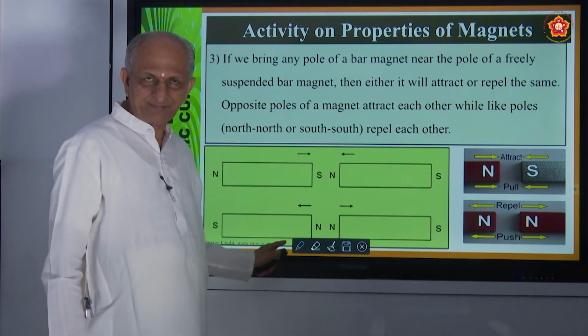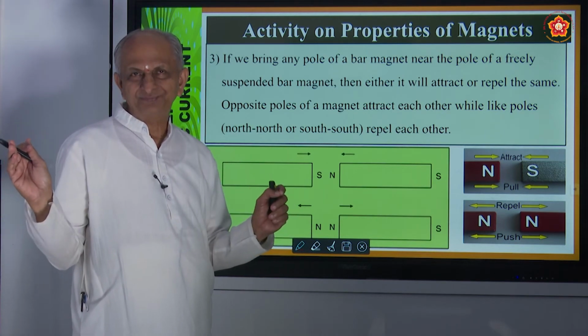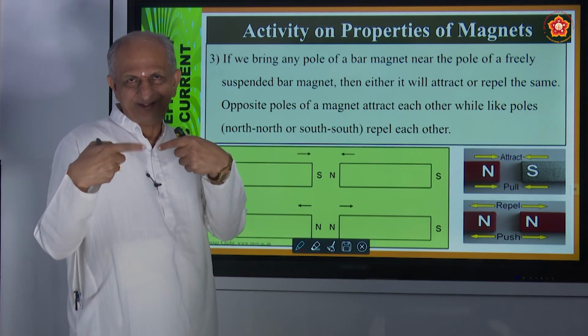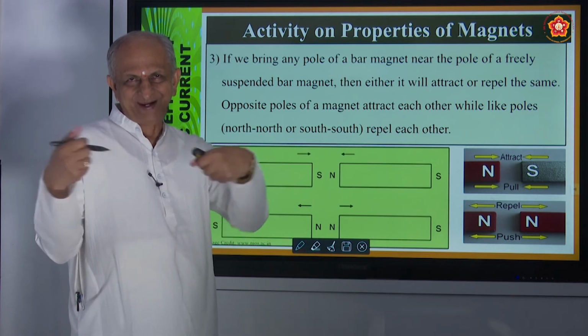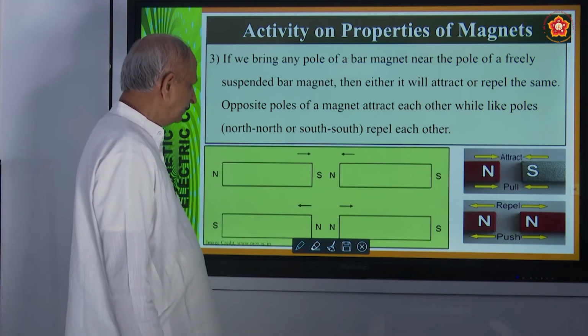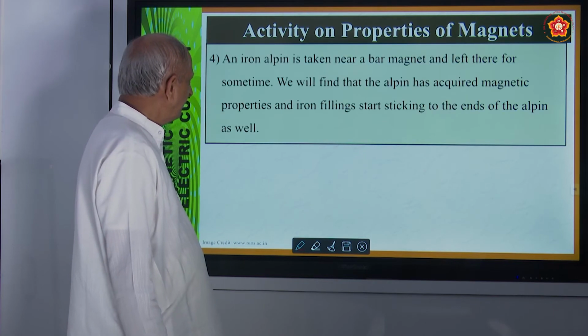This is repulsion, going away. Very beautiful. You can also try taking two bar magnets to see how they repel. And if it is opposite poles, there will be attraction. Okay, these are some of the properties of a magnet.